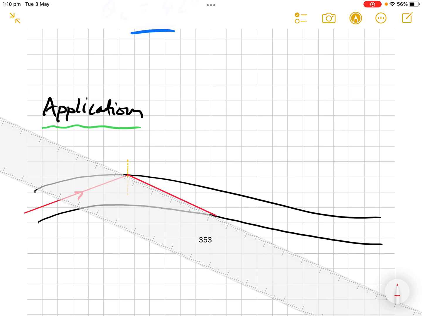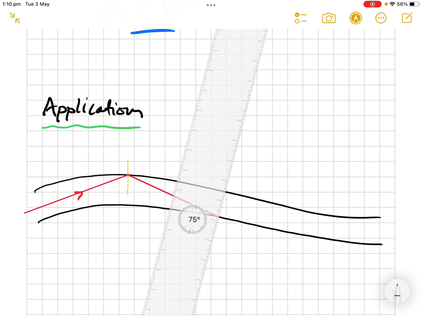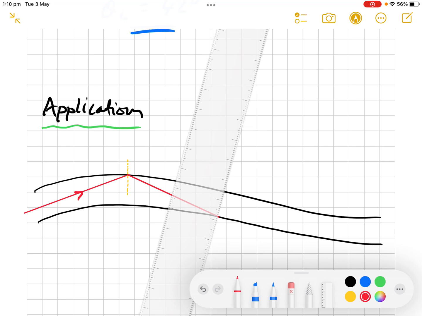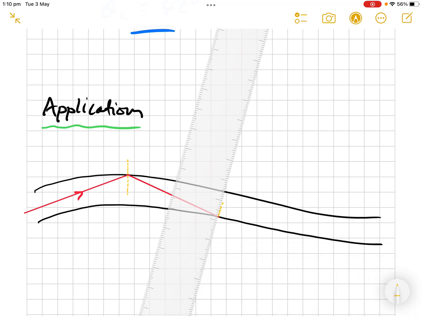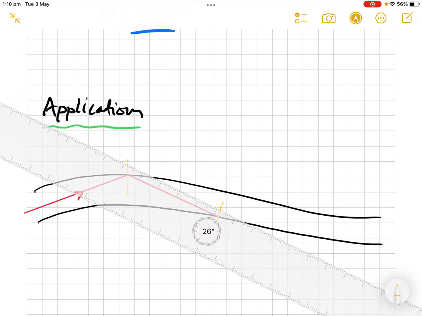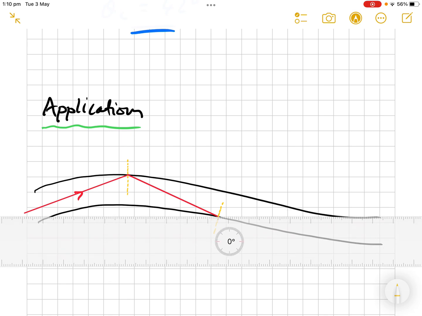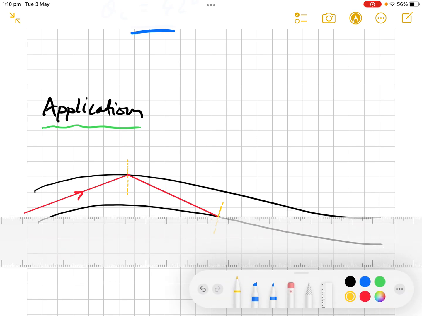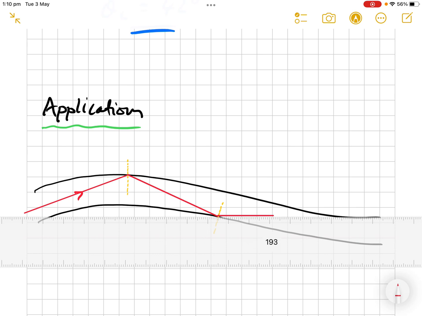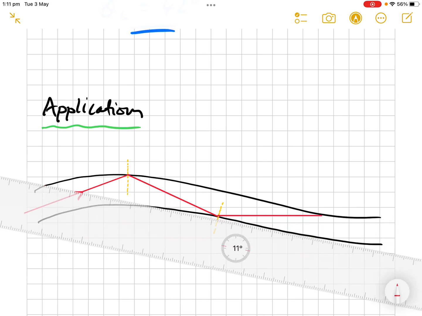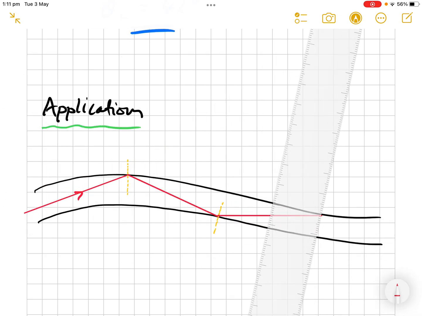So you get repeated total internal reflections all the way along, and the light travels through the fibre, trapped within it, if you like, undergoing repeated total internal reflections.